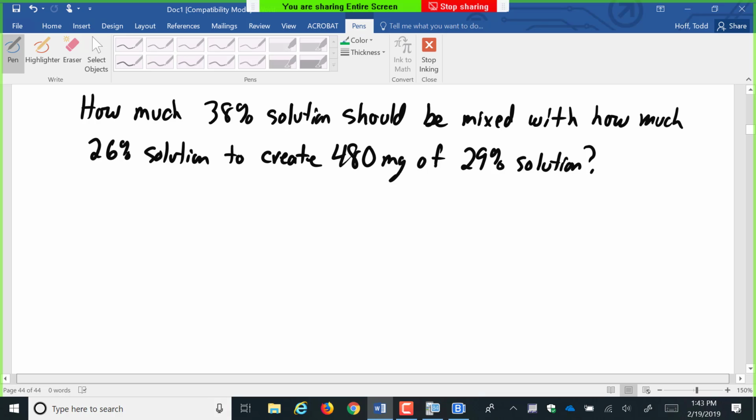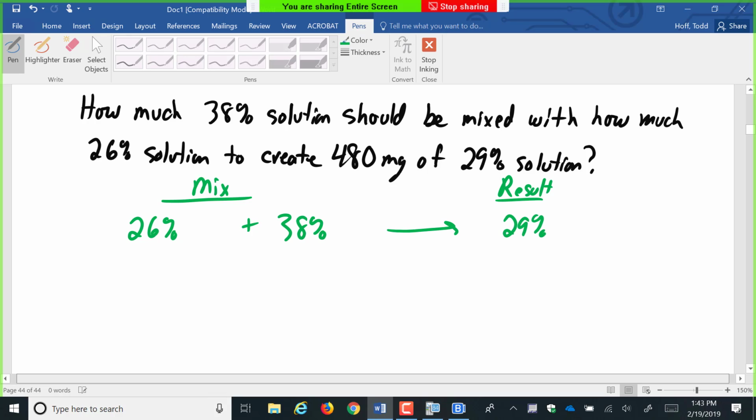Now before, when we did this, we had a way of working around it, but technically we were using systems of equations. We were mixing 26% and 38%. We were hoping to get a result of 29%.